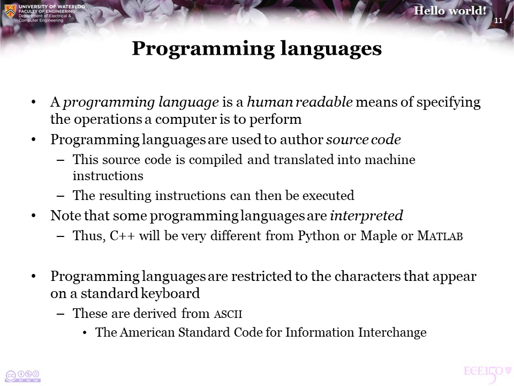Now, programming languages are made up of characters that are generally those that appear on the standard keyboard. These are derived from ASCII, or the American Standard Code for Information Interchange. You may notice that a typewriter from the 1800s may have certain keys, such as 1/2, or a pound symbol, such as the British pound.